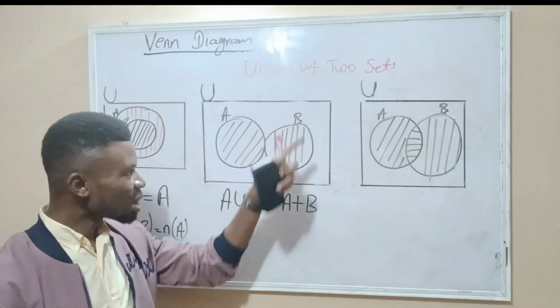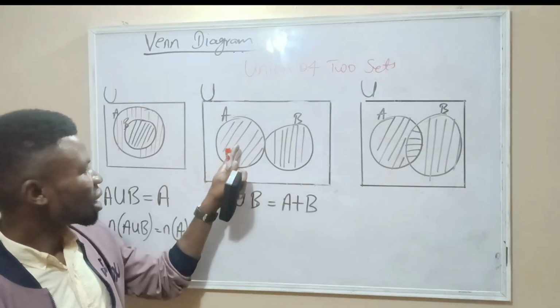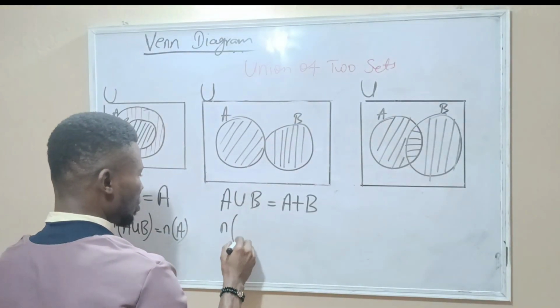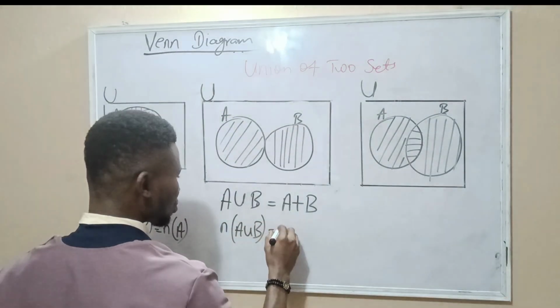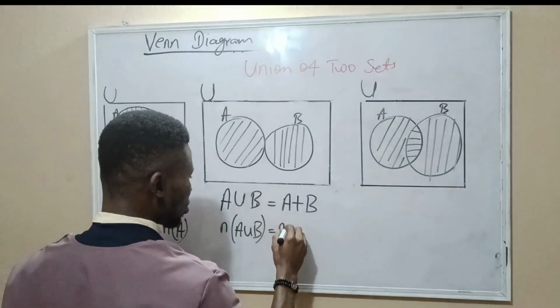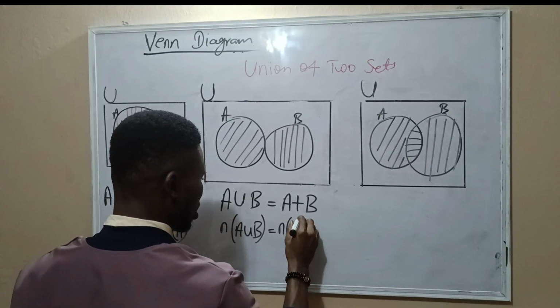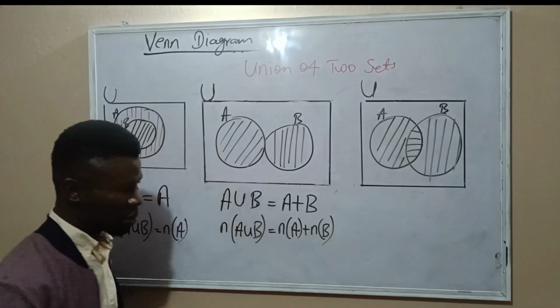They are just two different sets in the universal set. So A union B is everything that is in this one plus everything that is in this one. So the number of A union B is equal to the number of A plus the number of B.